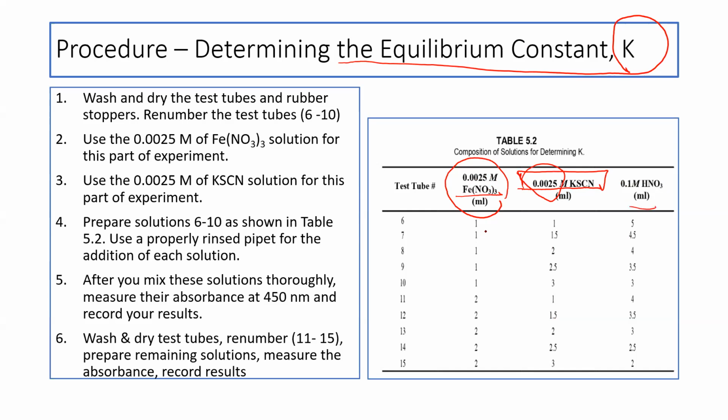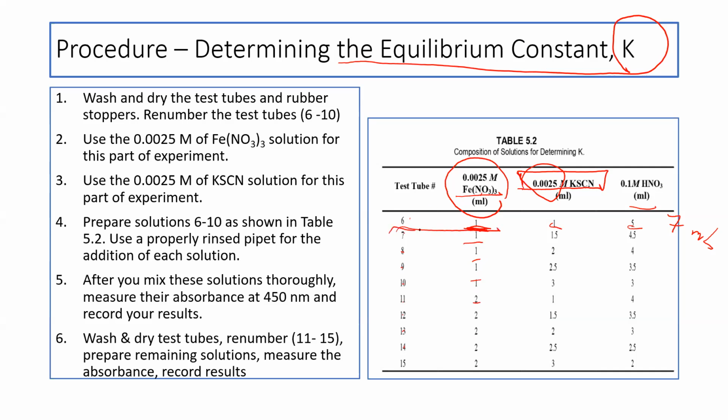Let's check what the total volumes of our solutions are going to be. 7 milliliters. So we have to take 10 test tubes, right? In the first test tube, we have to add 1 milliliter of iron nitrate, in the second one, 1, and so on, according to this table.